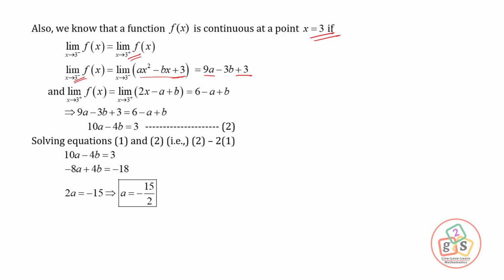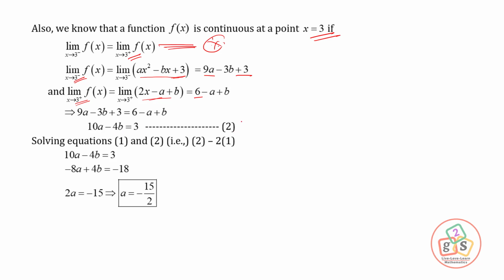And the right hand limit, as x tends to 3 plus of f of x. Above 3, the function is 2x minus a plus b. We put x equal to 3: 2 into 3 is 6, and minus a plus b. Both are equal. Therefore 9a minus 3b plus 3 is equal to 6 minus a plus b. We simplify this, we get 10a minus 4b equal to 3.